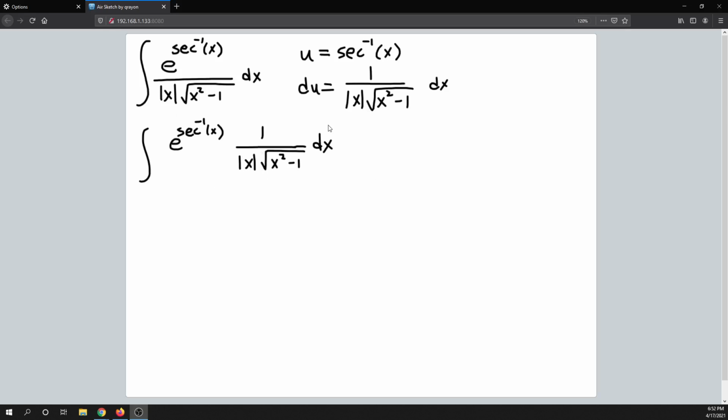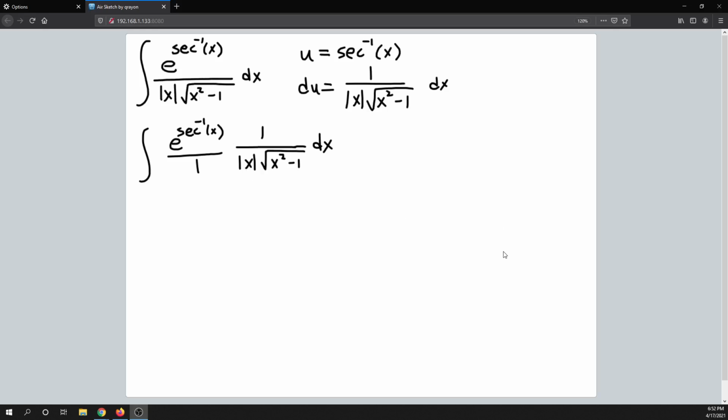Now you might be a little skeptical and say, hey, how do I know that these two things are equal to each other? Well, if you wrote this e to the secant inverse of x as being over 1, which it certainly is equal to, because anything divided by 1 is itself, and then multiply these two fractions together, on the tops you get e to the secant inverse of x times 1, and on the bottom you get 1 times the absolute value of x times the square root of x squared minus 1, which is exactly what you would get here.